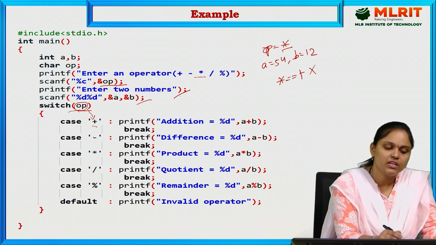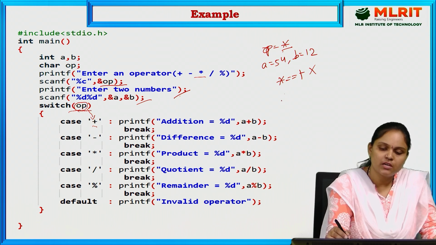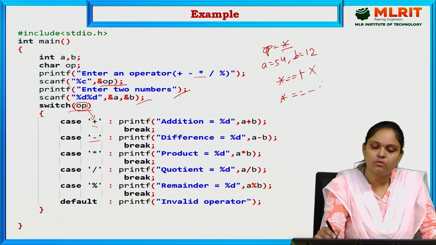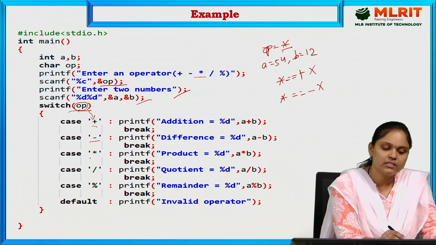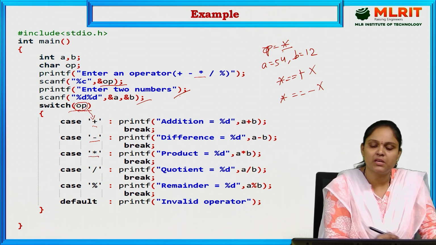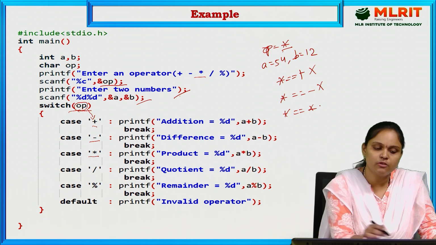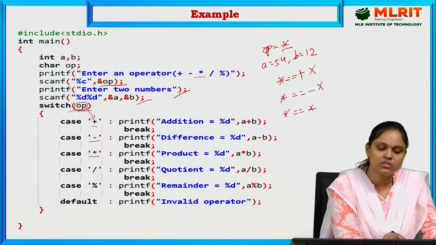So it will come to the next case. In op we have star, so is it matching with the minus operation? No, it is also not matching with the minus operation. So again it will come and check with the next case. In the next case we have the multiplication operator, so the star is matching, and the value we have given here is matching with the case value.